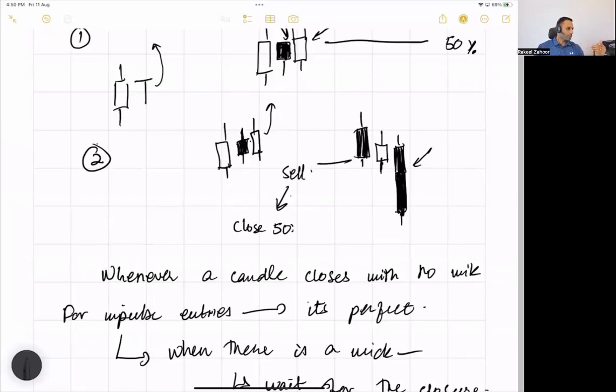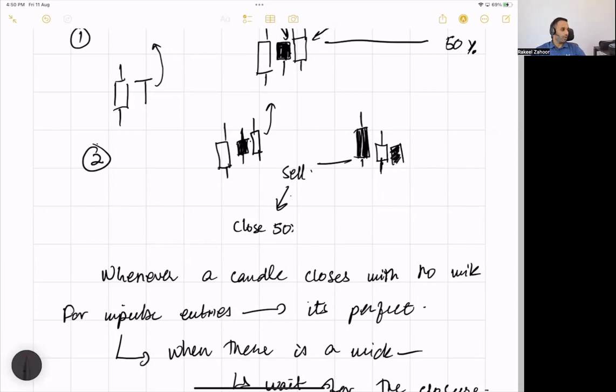What about a candle that opens without a wick? Which scenario? Like up, down, bullish, bearish, wick at the top, wick at the bottom? What are you talking about? Any. Opens without a wick? Okay, let's say that this candle opens right here without a wick.